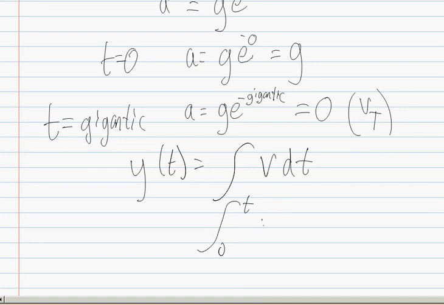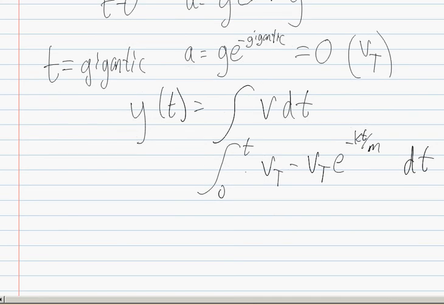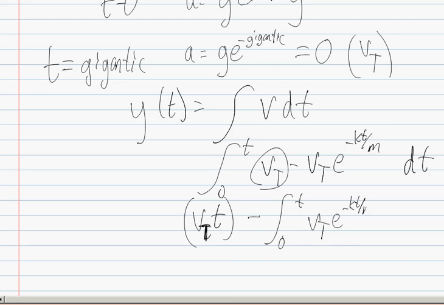The integral from 0 to t of vt minus vt e to the negative kt over m with respect to time. Well, at least this term is easy. It's going to be vt times time, minus the integral of vt e to the negative kt over m dt.